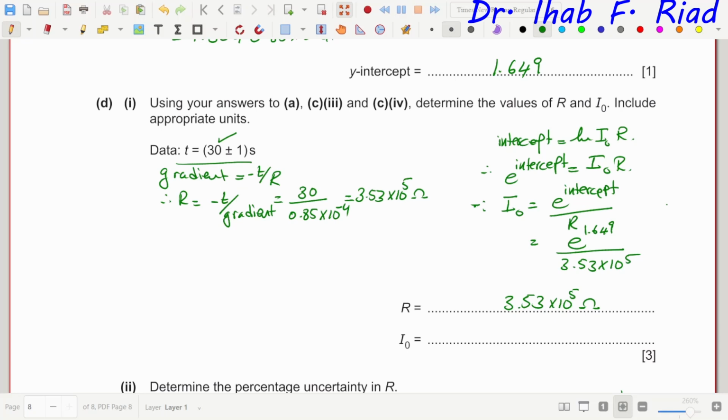We get 1.474 times 10 to the power minus 5. And we remember the units for I, which I know is current, then it is in amps.